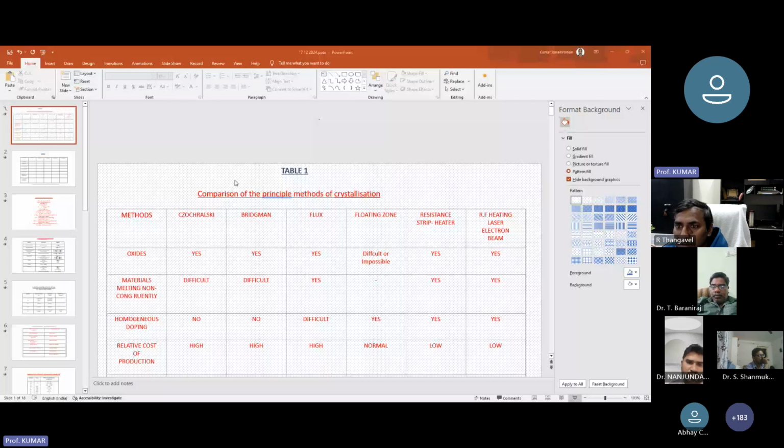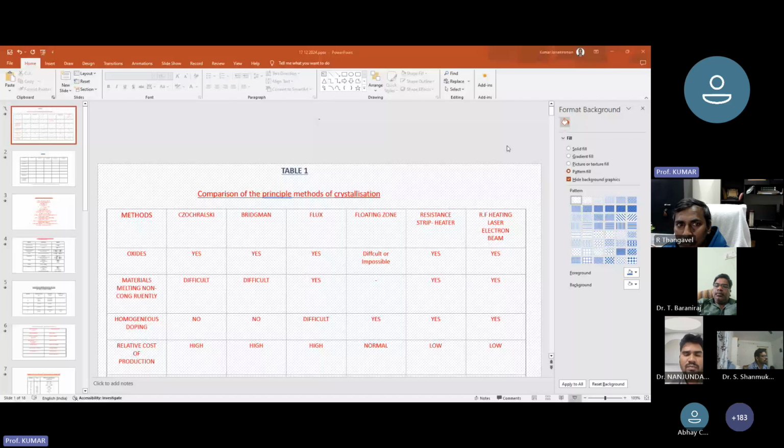It can also be grown by a technique which is known as flux, which is nothing but a high temperature solution growth. It can also be treated by floating zone. Assisted growth can be done in terms of the floating zone.